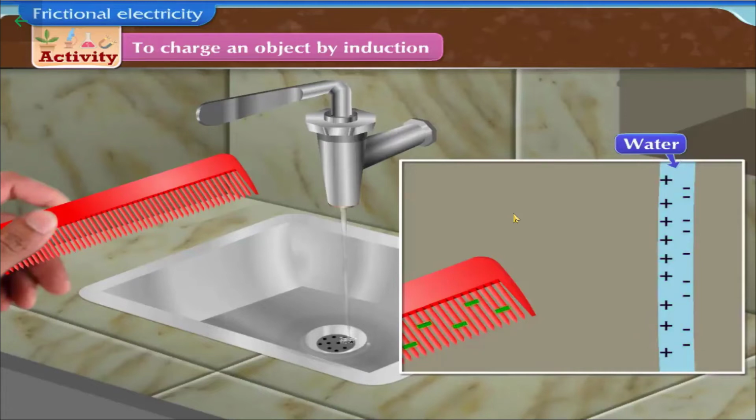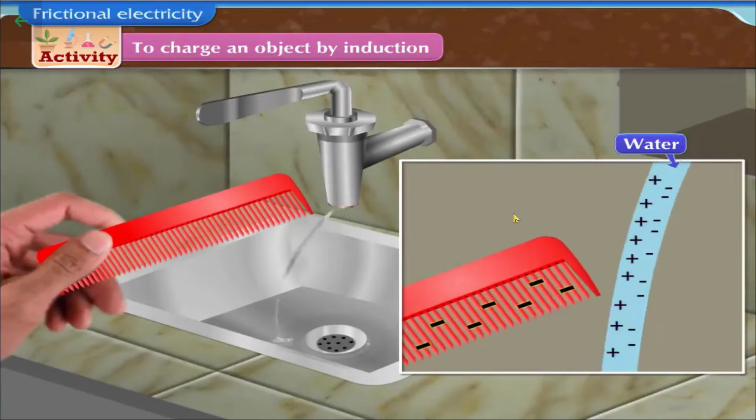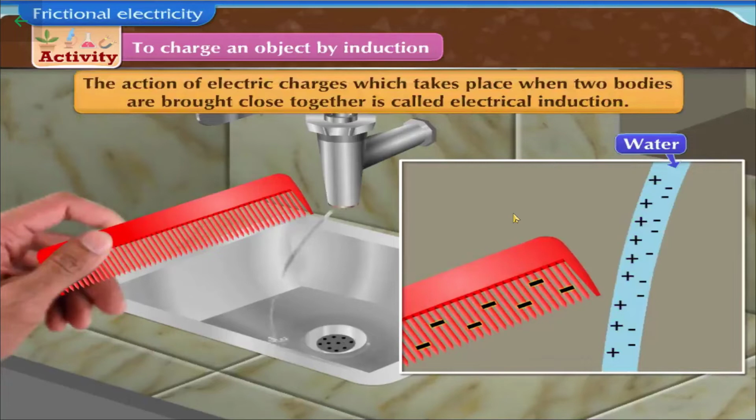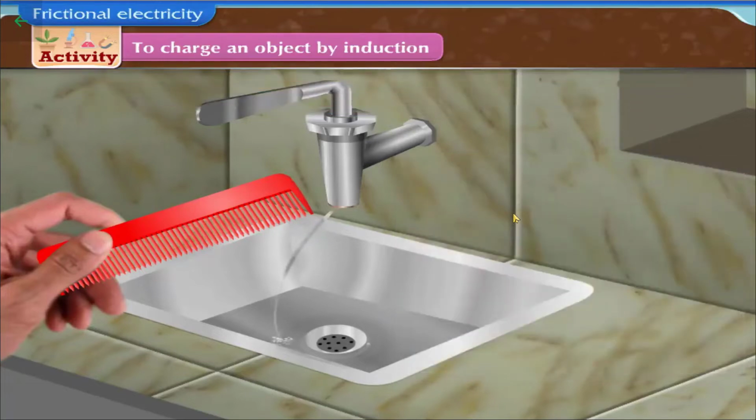The comb has negative and the water has positive charge. Due to the attraction between these opposite charges, the flowing water is attracted towards the comb. The action of electric charges, which takes place when two bodies are brought close together, is called electrical induction.